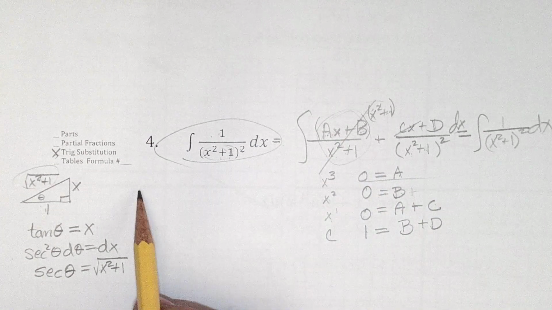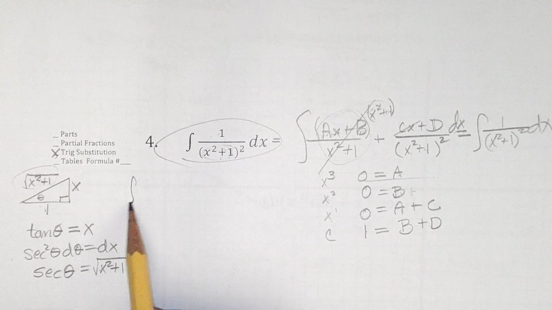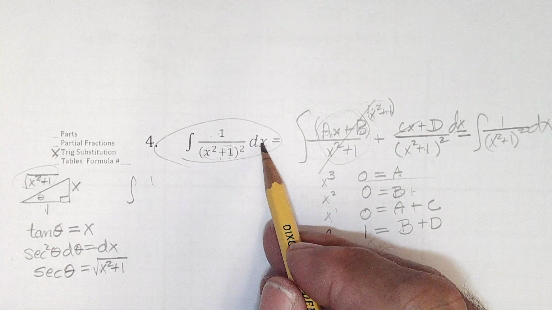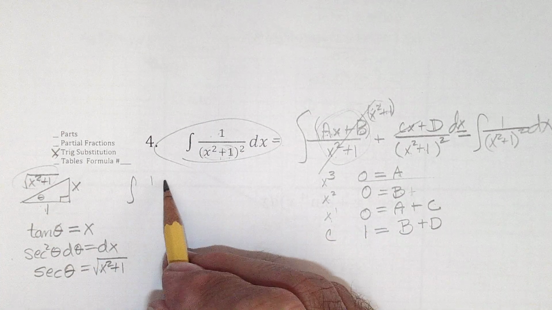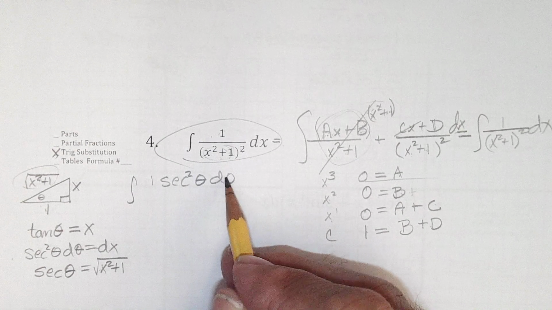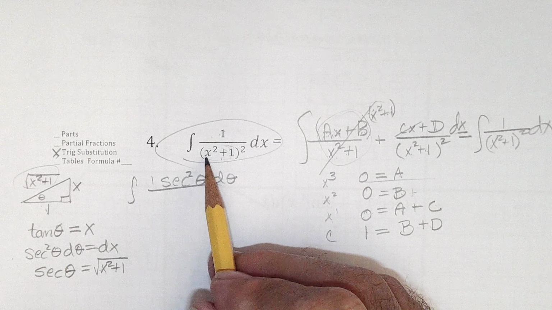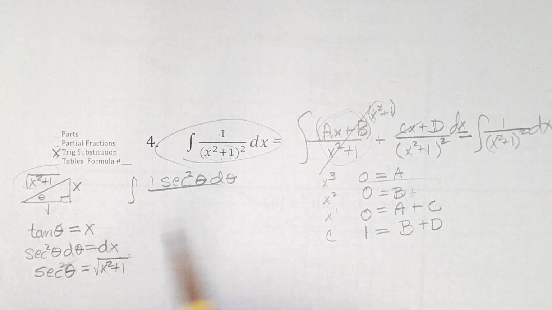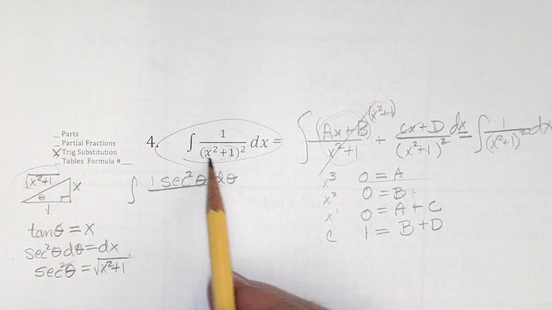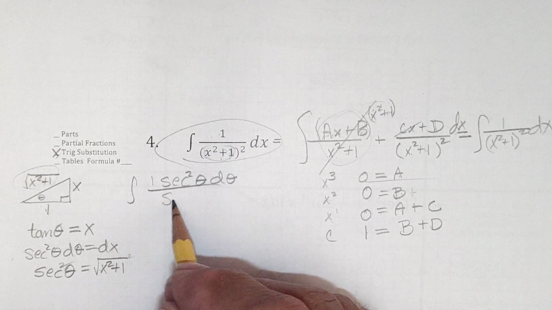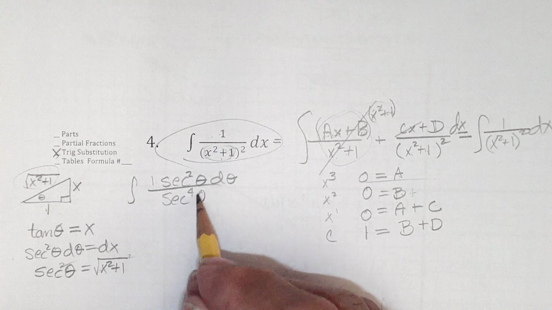So, doing the trig sub, this integral becomes 1, we can leave. dx is secant squared theta d theta. And the denominator is secant squared, because if I square this, it gets rid of the square root. Secant squared is this, and it's squared. So I got secant squared squared, or secant to the 4th theta.